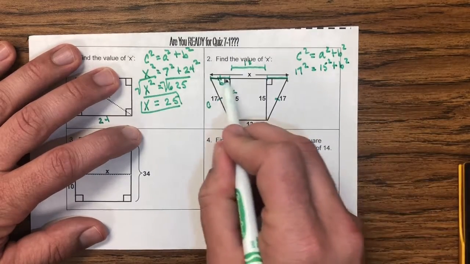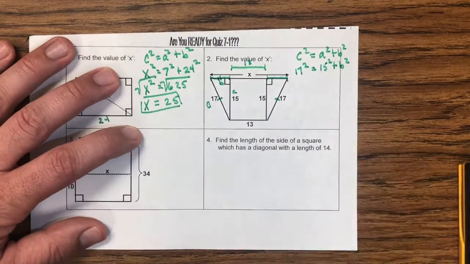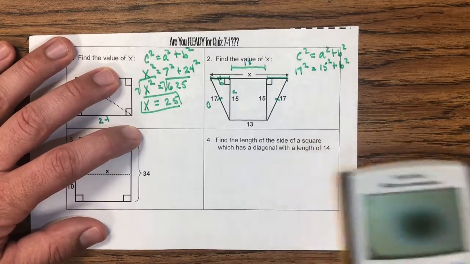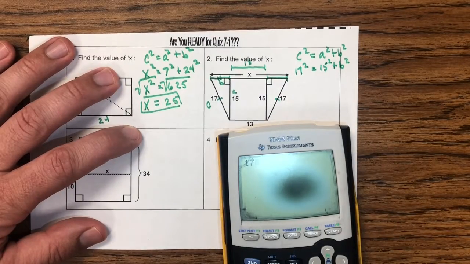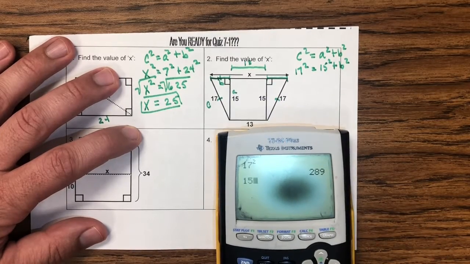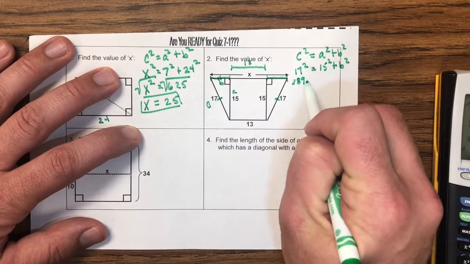I'll leave it as b, looking for that little piece. So now we have to do 17 squared. Don't feel bad, use a calculator on these. 17 squared, hit enter, it's 289. 15 squared is 225.